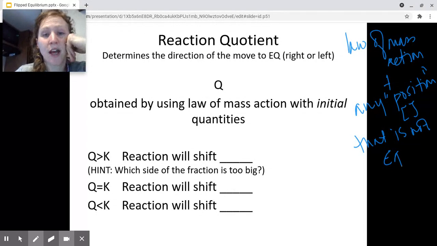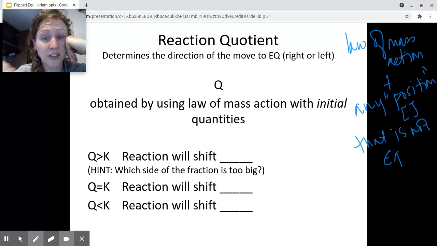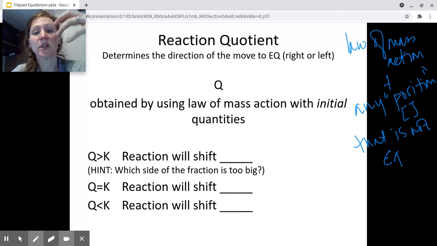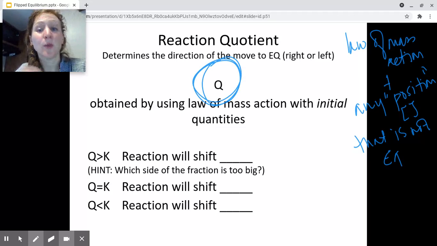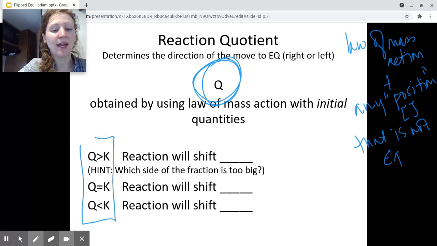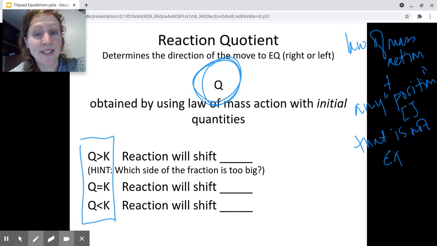So you can be talking about initial concentrations, final concentrations, or the set of concentrations in the middle of a reaction. Any set of concentrations that's not at equilibrium, if you plug those into the law of mass action, you're going to get Q, the reaction quotient. And by comparing Q and K, you can decide which way this reaction is going to flow.